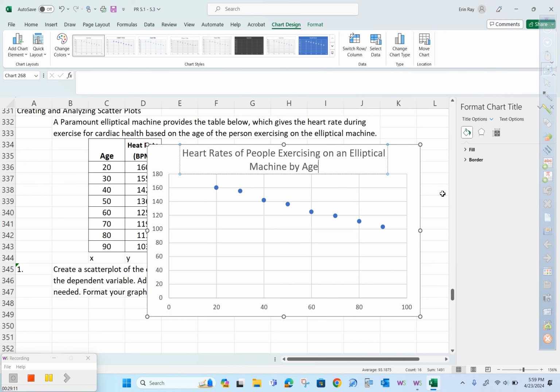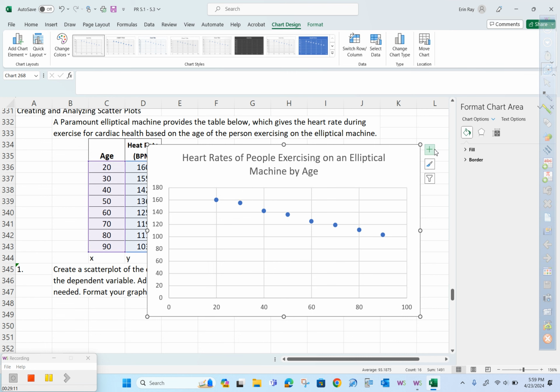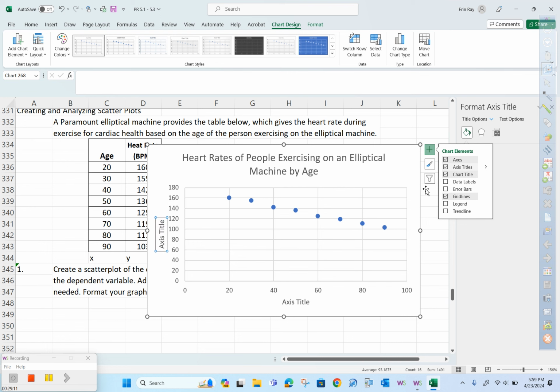Okay, so I'm looking for context, but also the X value and the Y value label at some point. Then what we're going to do is click this chart area. If you hit the plus sign, you can add on the axis titles. So our bottom was age in years. If you double click over here, our y-axis was referring to heart rate in beats per minute.